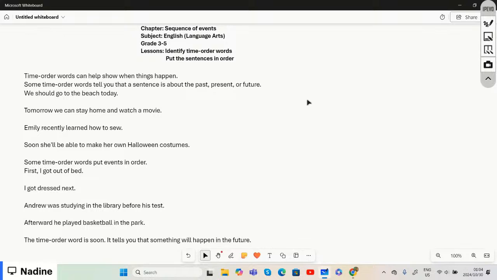And the lessons that we are going to be focusing on today under the chapter of sequence of events are to identify time order words, and to put the sentences in order.